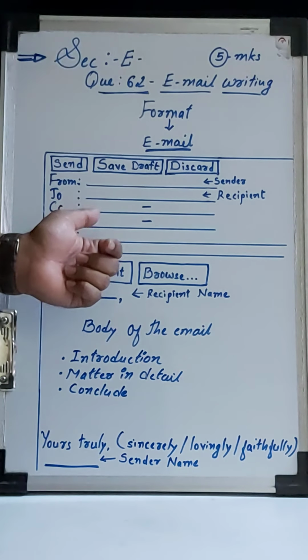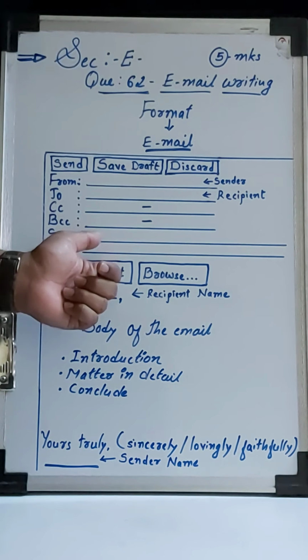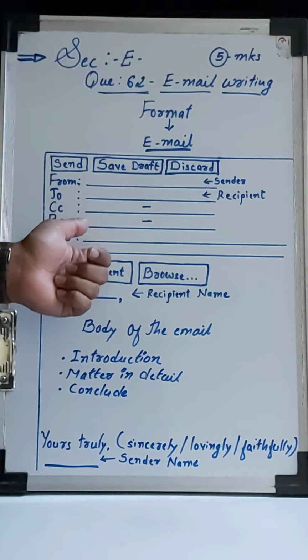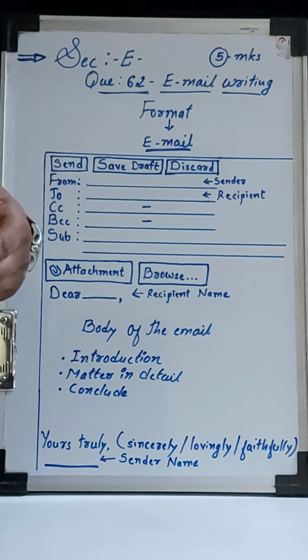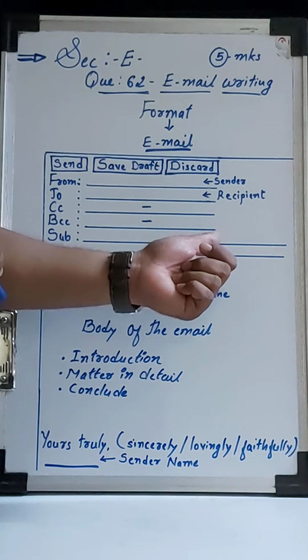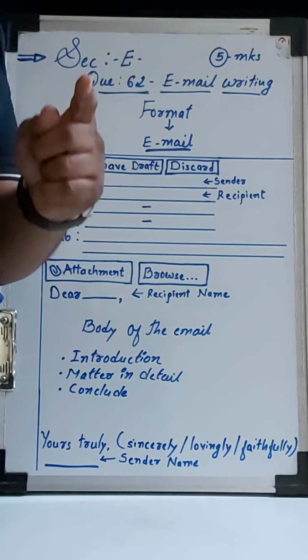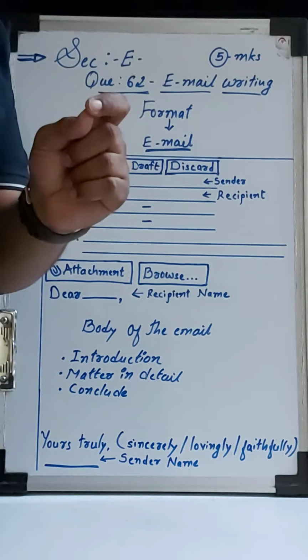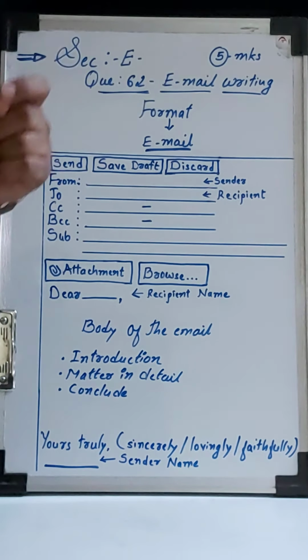Suppose you are inviting your friend to the marriage ceremony of your elder brother, so the subject should begin with Inviting. So mind well, the subject should begin with ing, which will be easier for you.